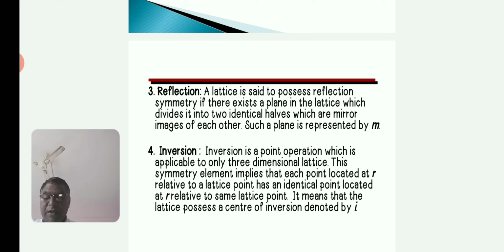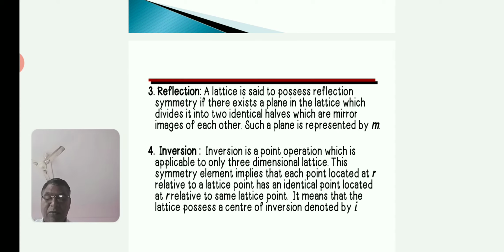Thus, for example, for n equal to 6, put in equation one, n theta is equal to 2 pi, theta is equal to 2 pi divided by n. Substituting n is equal to 6, we get theta is equal to 60 degrees, which means that the lattice repeats itself with a minimum rotation of 60 degrees. Such a rotation is illustrated in the figure.